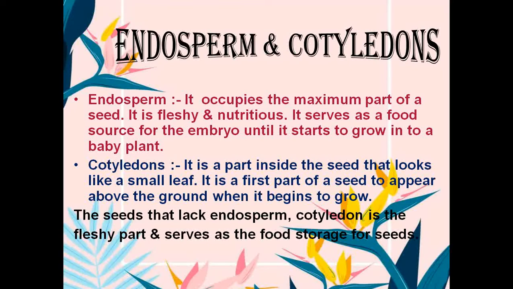As I have discussed earlier, there are two types of seeds. In the seeds that lack endosperm, cotyledons is the fleshy part and serves as a food storage. But in endospermic seeds, cotyledons are present as one or two tiny leaves.